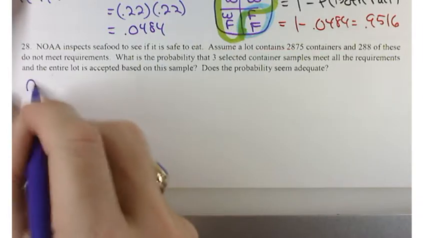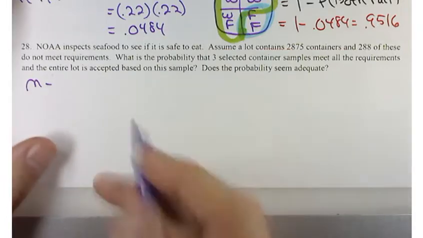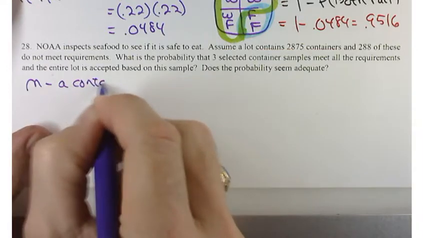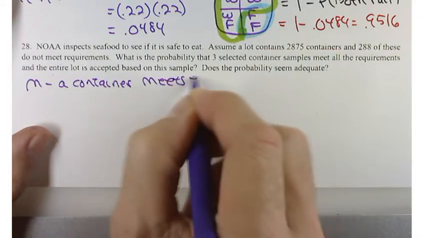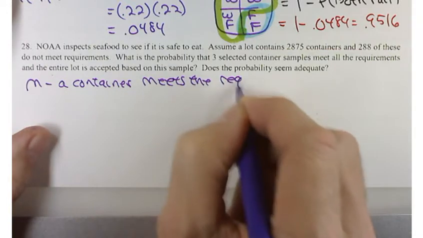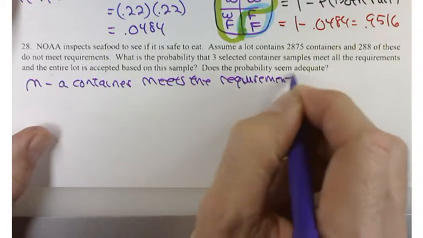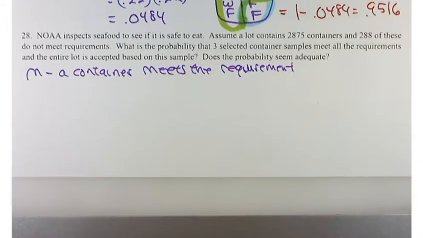So let's let M be the event that a container meets the requirement. We're going to test 3 containers, and for the entire lot to be accepted, what has to happen with all 3 of those containers?